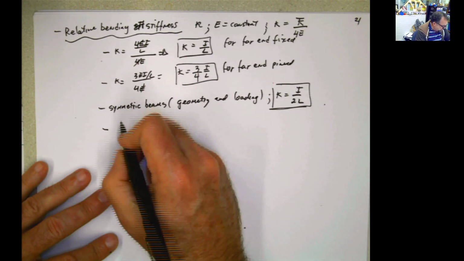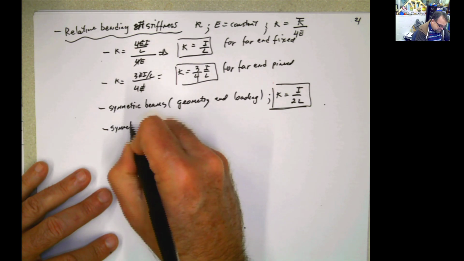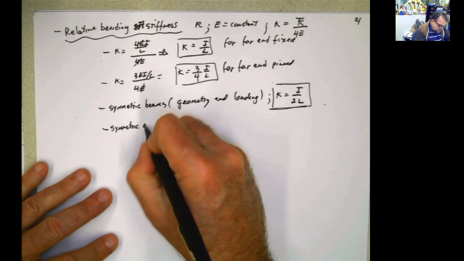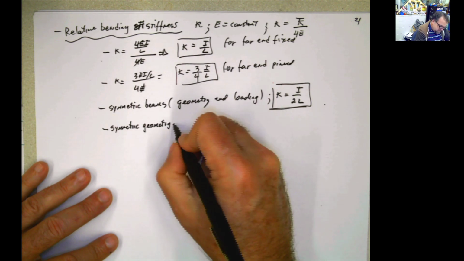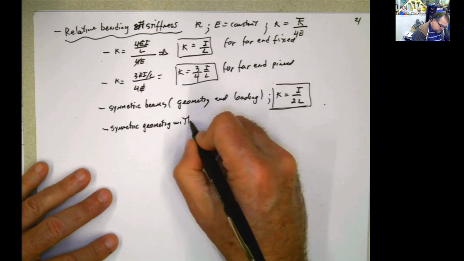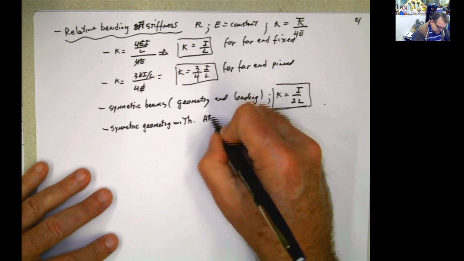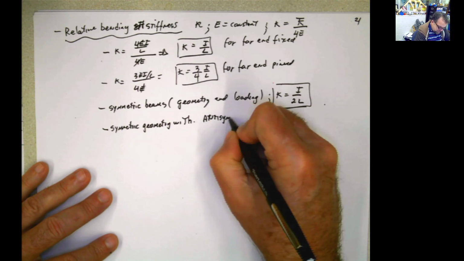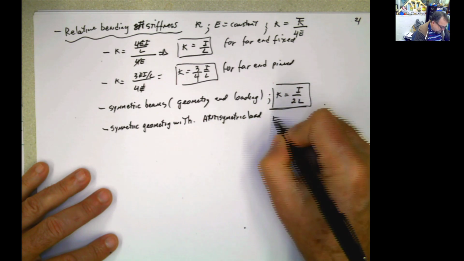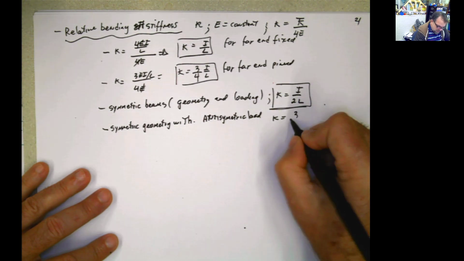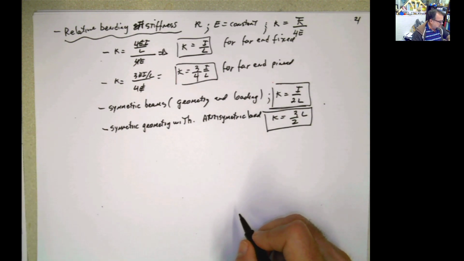And if you have symmetric geometry with anti-symmetric loading, then K is going to be equal to 3/2 of I over L. That's basically it. Now, what else?